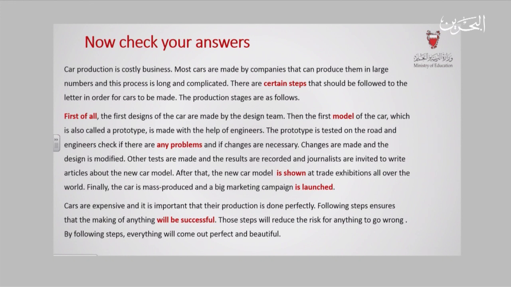Cars are expensive, and it is important that their production is done perfectly. The following steps ensure that the marketing will be successful. Those steps will reduce the risk of anything going wrong. By following the steps, everything will come out perfect and beautiful.